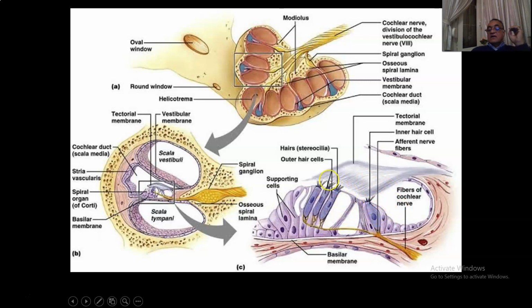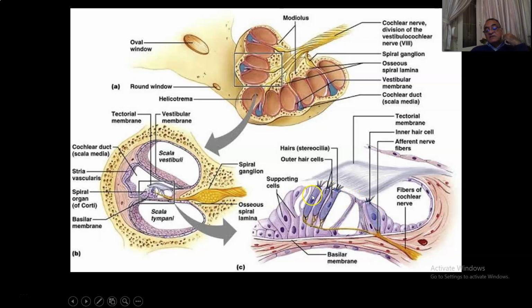There are 3 layers of outer hair cells and one layer of inner hair cells. Although there are 3 layers of outer hair cells, they are responsible for 5% of the hearing, while the single layer of inner hair cells is responsible for 95% of the hearing.